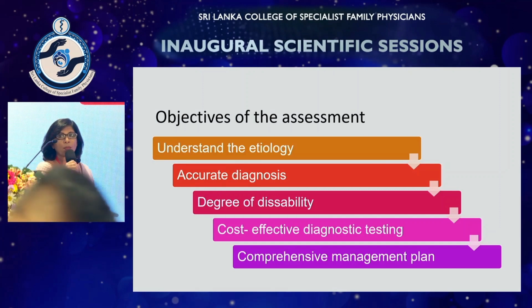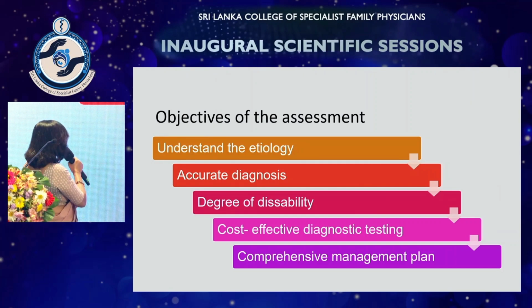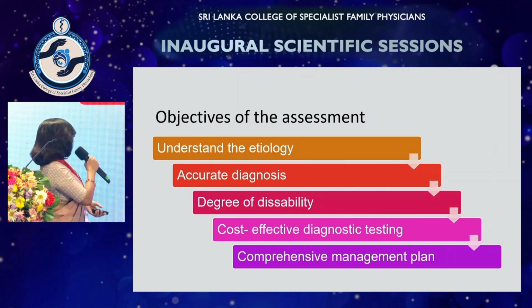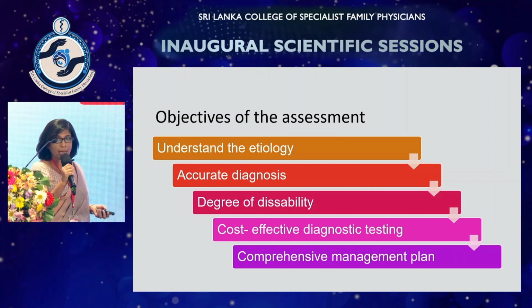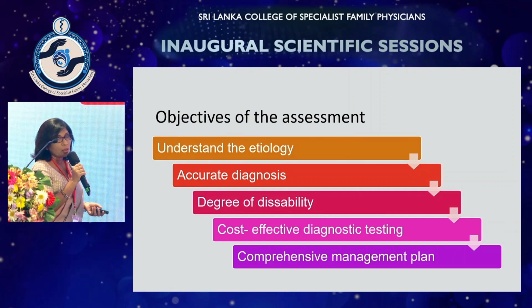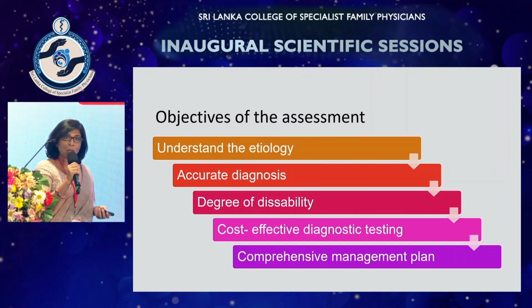Right. So, objectives of the assessment. We must have some objectives when we assess patients. The objectives should be to understand the etiology, what causes the patient to present. And then we must have an accurate diagnosis. Otherwise, we treat patients haphazardly without knowing the reason. Then the degree of disability and cost-effective diagnostic testing. We don't have to do all the investigations for patients; only if you do not know the etiology do we do all the investigations.